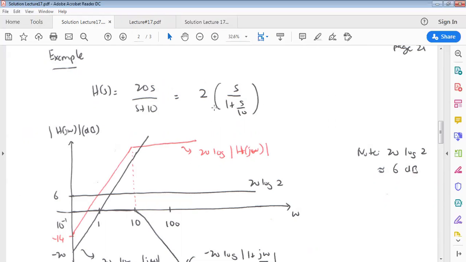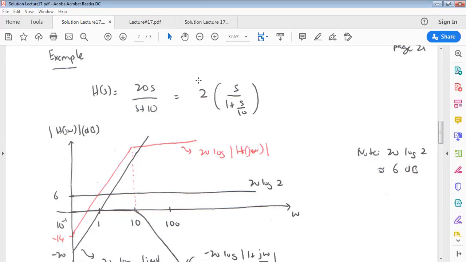Looking at this, again, we have three components. We have a constant of 20, a zero at the origin, and a pole at 10. So basically, we need to write the transfer function in this form.